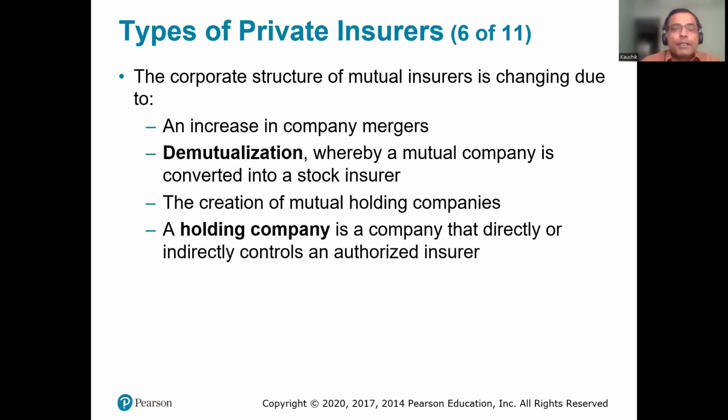In case the mutual insurer is not able to convert to a stockholding company, it creates a mutual holding company. So the mutual holding company is a mutual insurer and it has subsidiaries which are owned by stockholders.